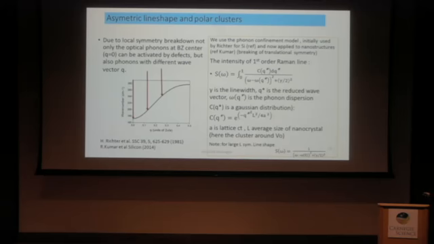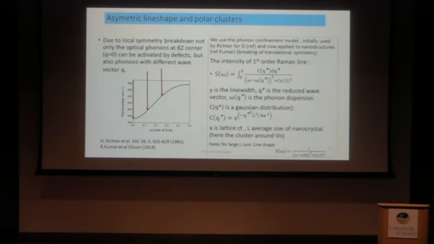This model is more and more used now for nanostructures. Here you have a Gaussian distribution which depends on the dimension L of the nanocrystal or the cluster. A is the lattice parameter, gamma is the line width for the stoichiometric material, and omega of q is the phonon dispersion.